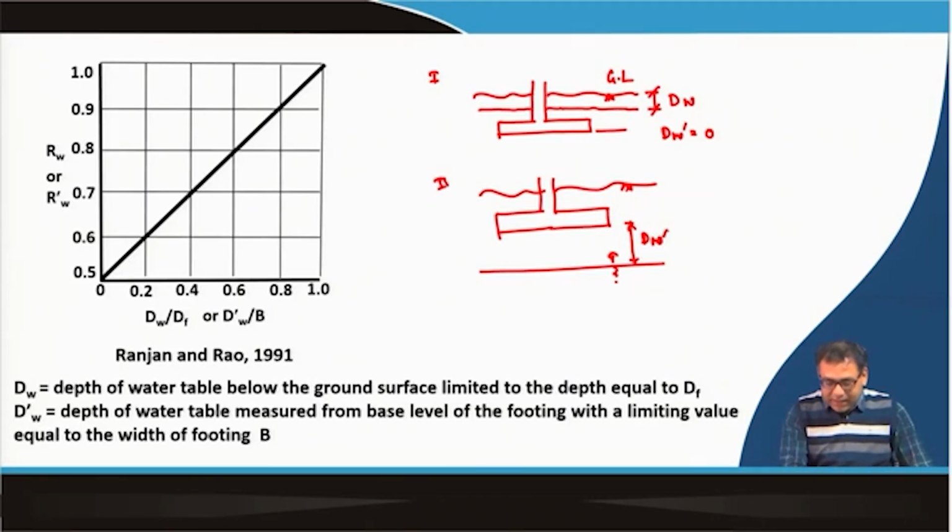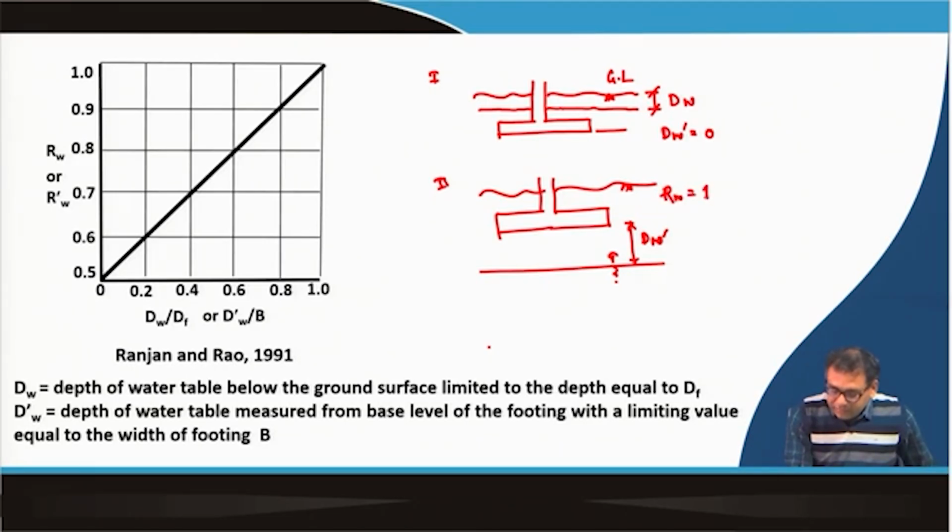For the second case Dw dash has a certain value, but the water table is not present within the depth of foundation, so this correction factor Rw will be equal to 1, because in this case you can consider that Dw is equal to Df.